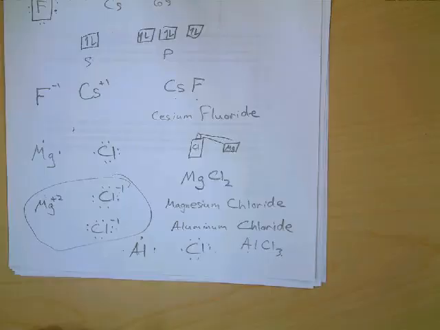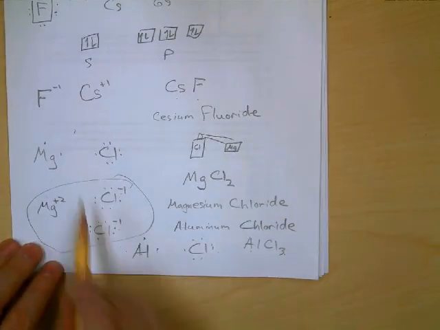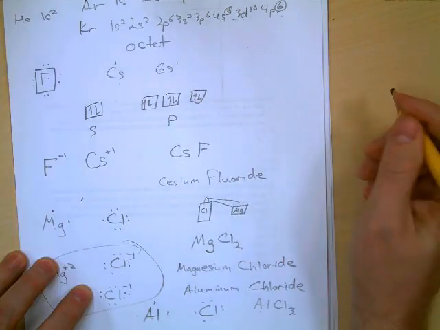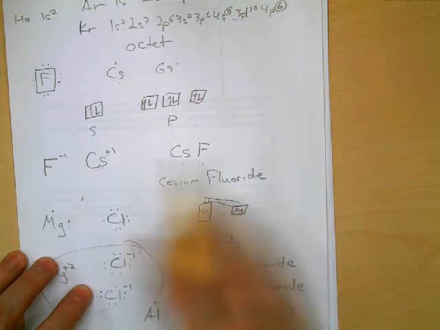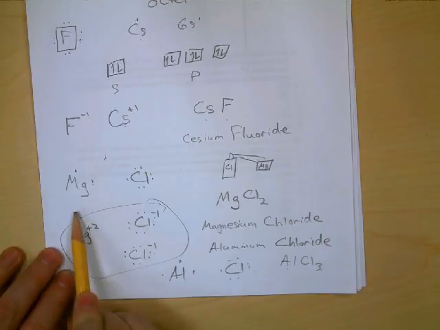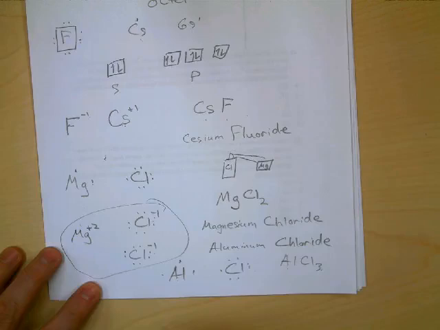If you're ever worried about what charges things should be, notice that the cesium, which only had 1 electron to start with, became a +1 ion. The magnesium that had 2 electrons to start with became a +2 ion. The aluminum that had 3 became a +3 ion. We didn't show that, but if 3 electrons go away from it, you would be left with an aluminum +3.